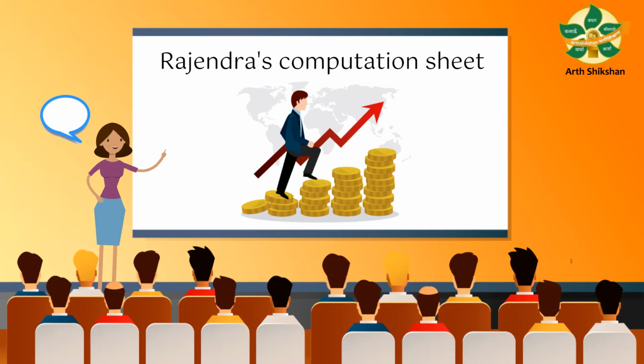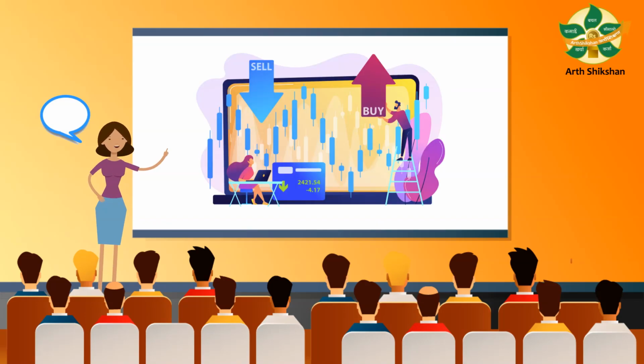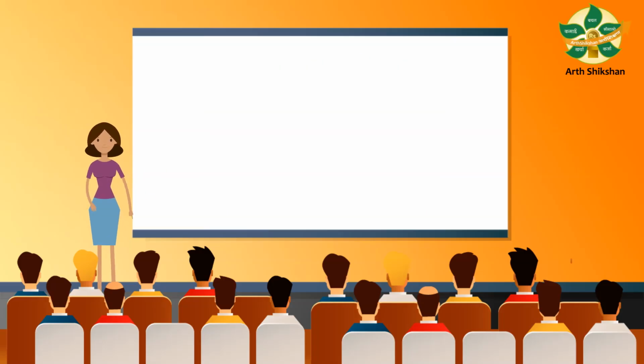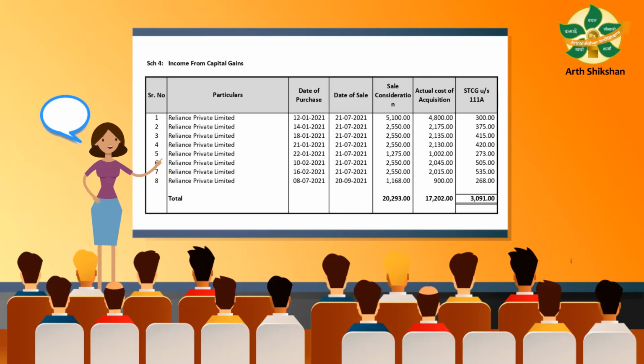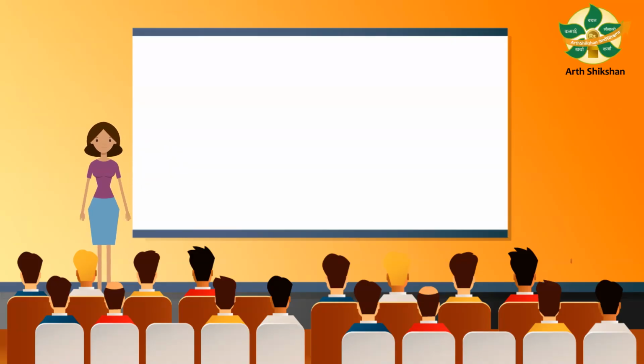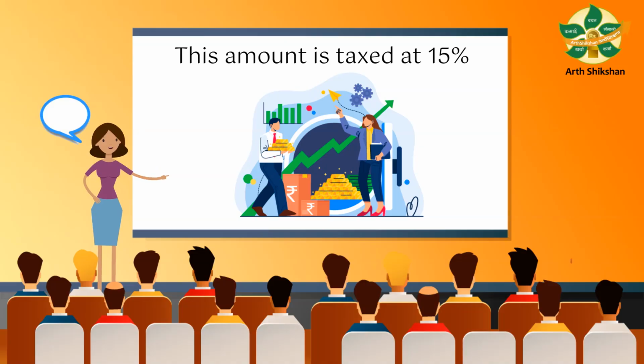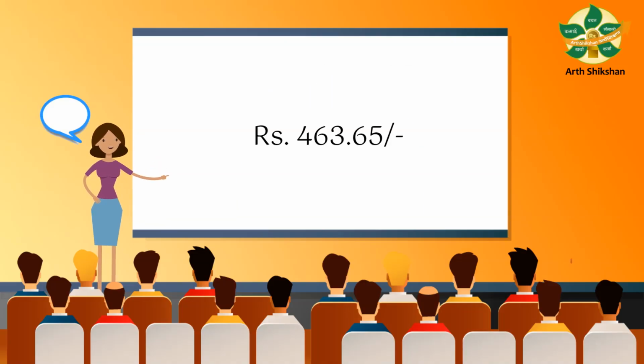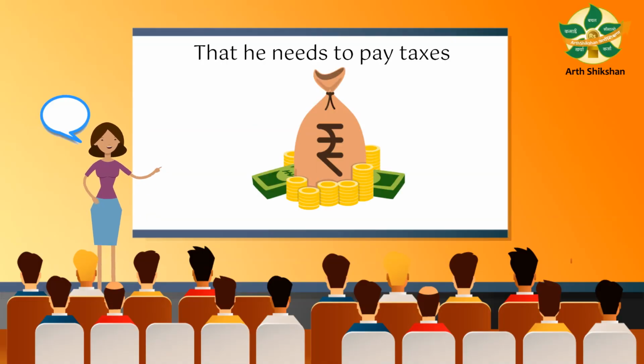If you take a look at Rajendra's computation sheet, you'll notice that he engaged in buying and selling stocks, resulting in short-term capital gain of rupees 3,091. This amount is subject to taxation at a rate of 15%, which comes out to rupees 463.65 that he needs to pay in taxes.